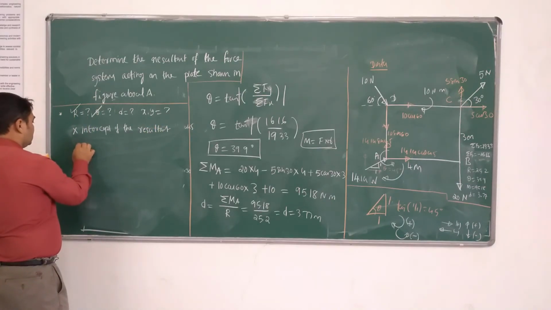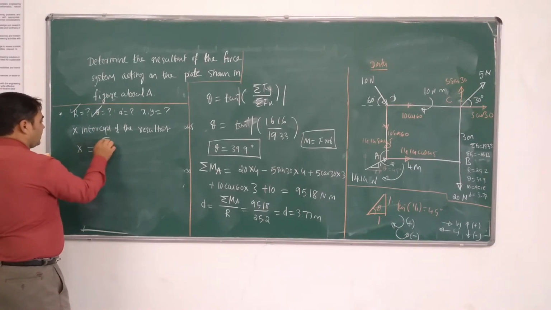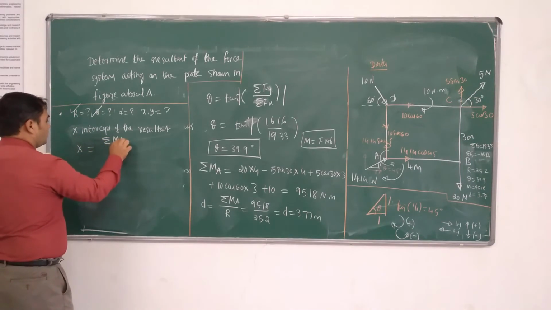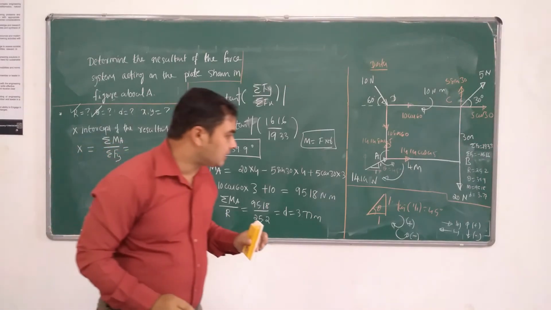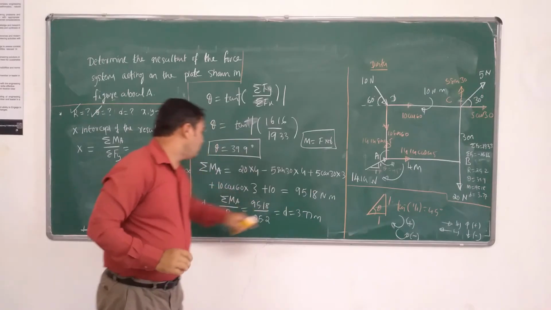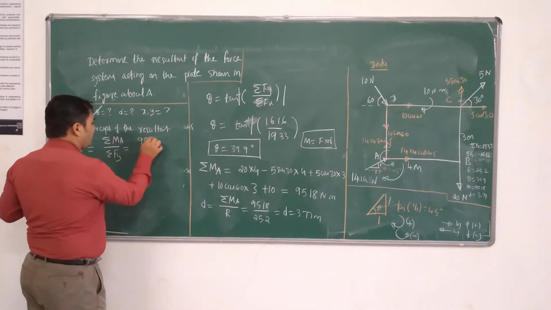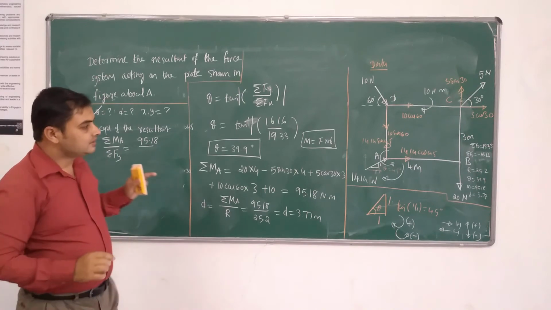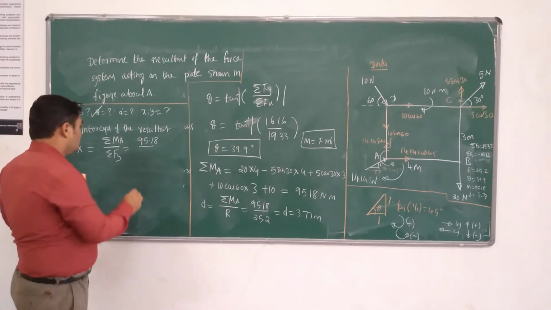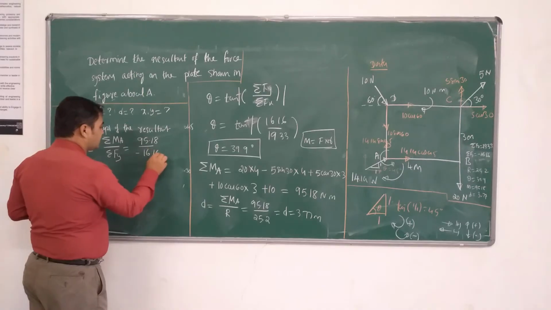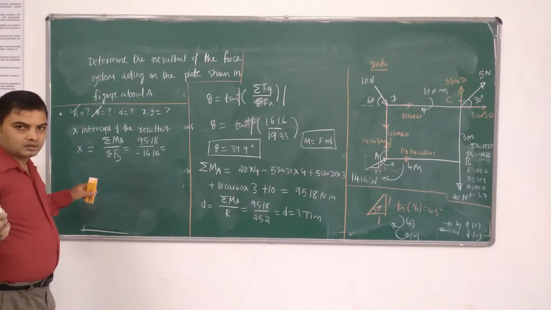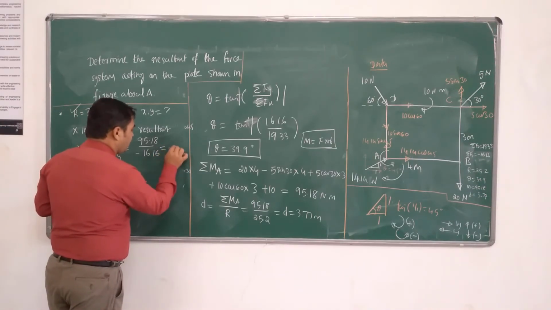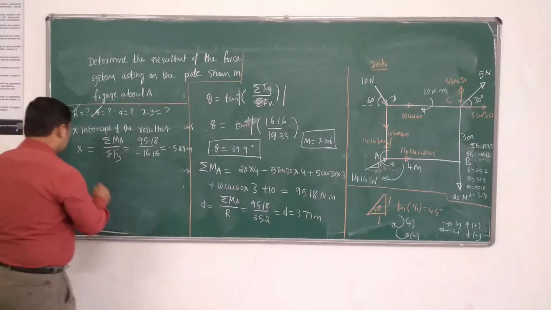The x intercept is equal to the summation of moments about A divided by the summation of Fy. The summation of moments about A, we have already calculated, is 95.18, divided by sigma Fy, which is minus 16.16. The value of x works out to be minus 5.88 meters.